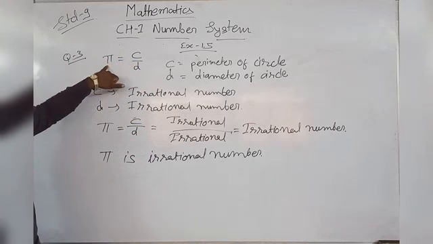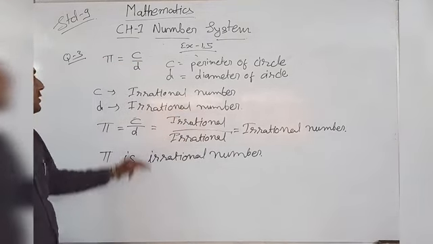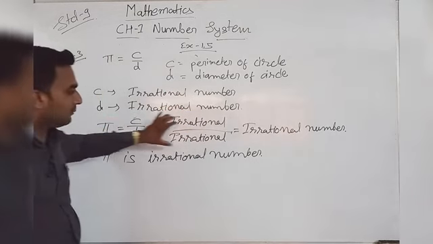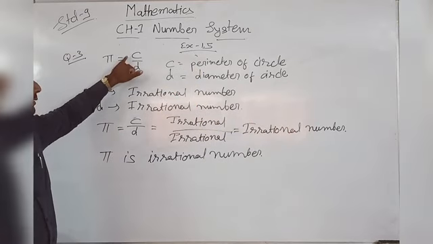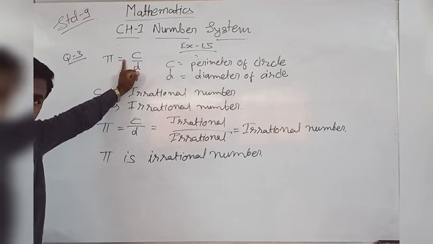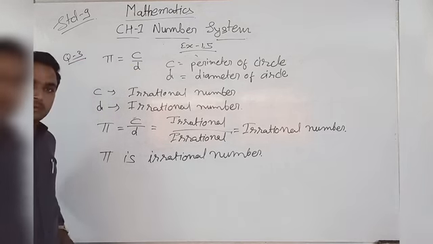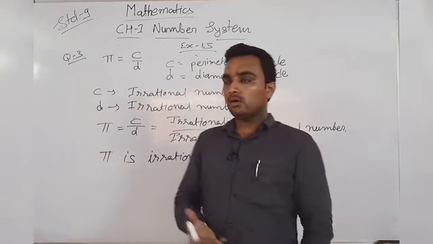Again, pi is counted as an irrational number. Now this is C upon D, the form of p upon q. So can we say that it is rational? No. Why? Because C and D are never accurate, since the measurement varies when you measure with a scale or other things.